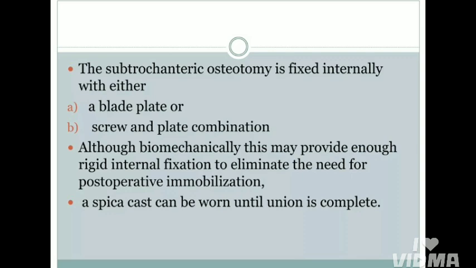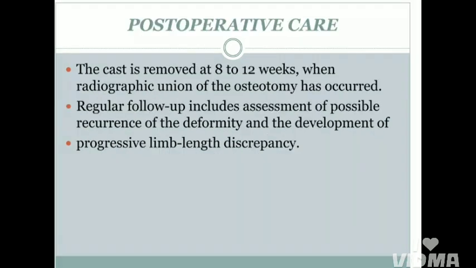A spica cast can be worn until union is complete. Post-operative care: the cast is removed at 8 to 12 weeks when radiographic union of the osteotomy has occurred. Regular follow-ups include assessment of possible recurrence of the deformity and development of progressive limb length discrepancy.